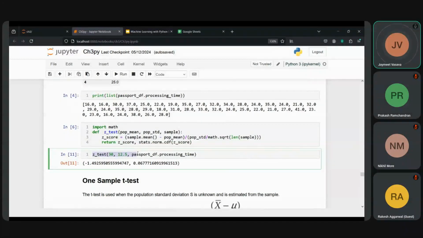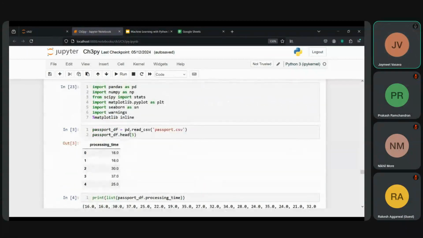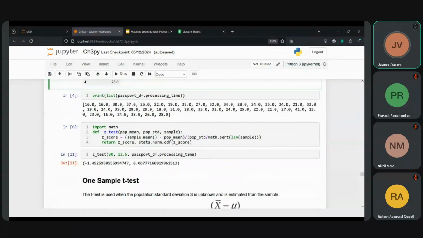So given the values that we have, 30 for population mean, 12.5 for deviation, and the sample from here, we get the value of minus 1.4925 and so on for our z score value, and this is our probability value of 0.0677 or 6.77%.